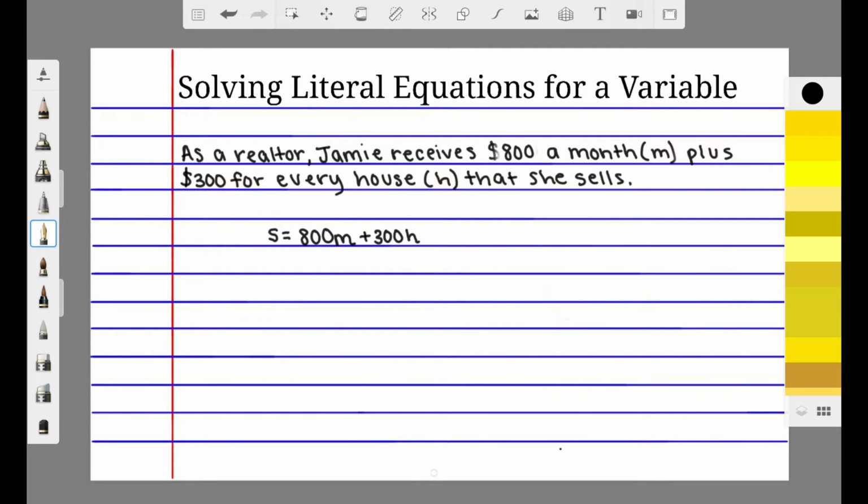Now let's solve for m. The first thing we want to do is get rid of the 300h.